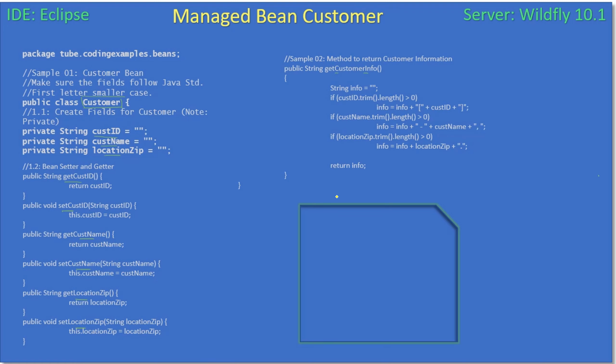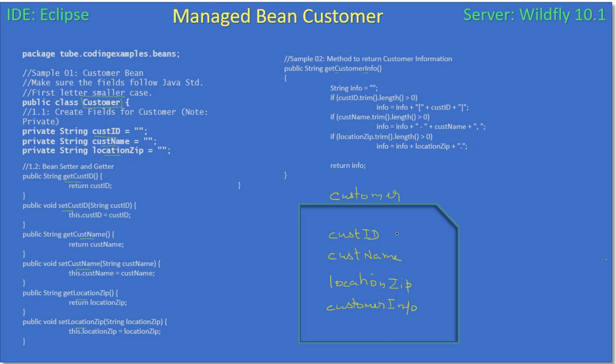And our bean customer supports four pieces of information: customer ID, customer name, location zip, and customer info.